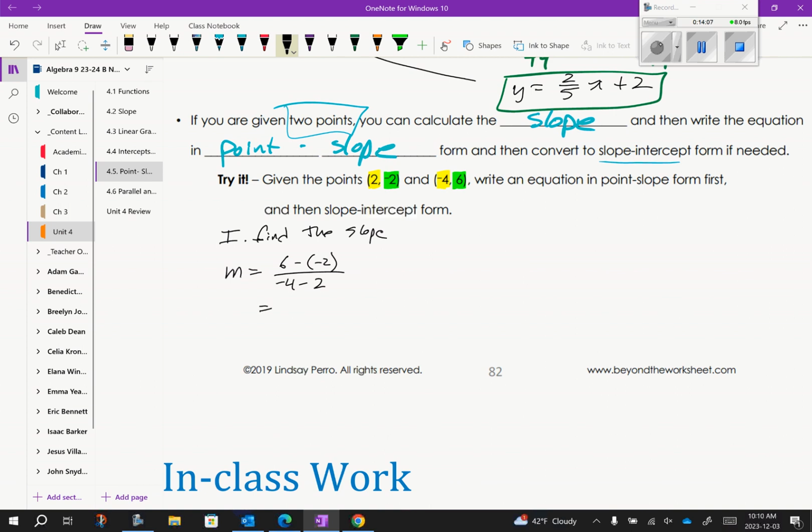For the numerator, subtracting a negative is the same thing as adding a positive. 6 plus 2 is 8. In my denominator, -4 minus 2 is the same thing as -4 plus -2. So that'll be -6. That should reduce down to -4/3.